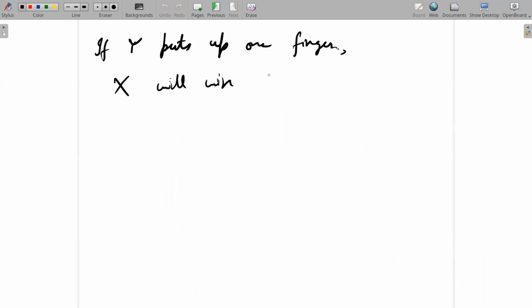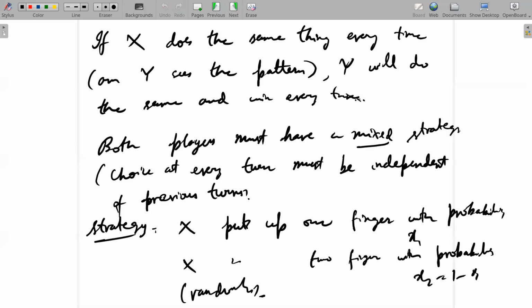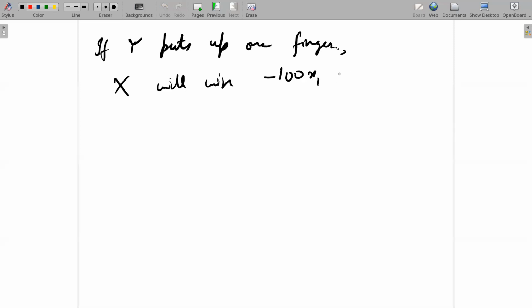So minus 100 X1. So he'll lose 100 with probability X1, and he will win 200 with probability X2, which is nothing but 200 X2 on average. So that is the expected value.